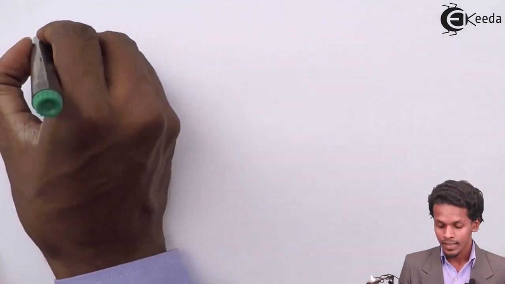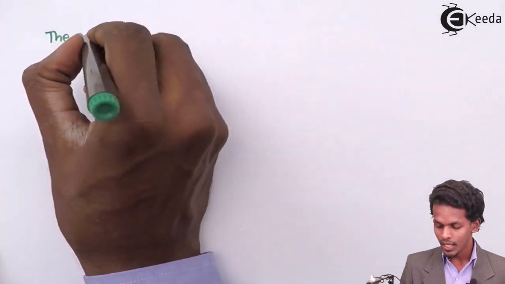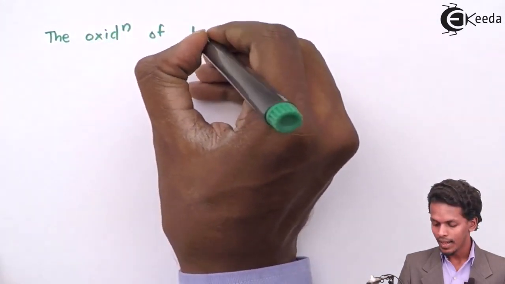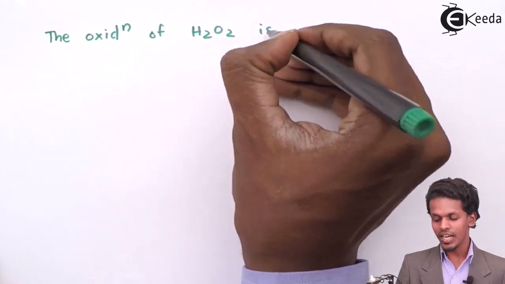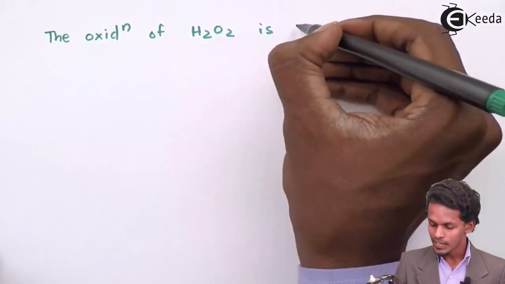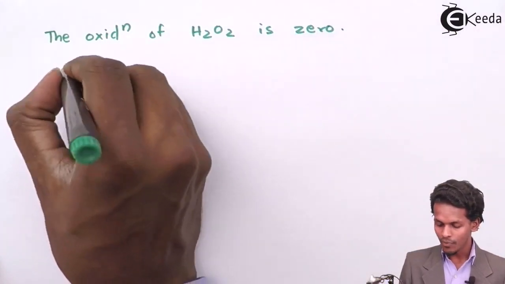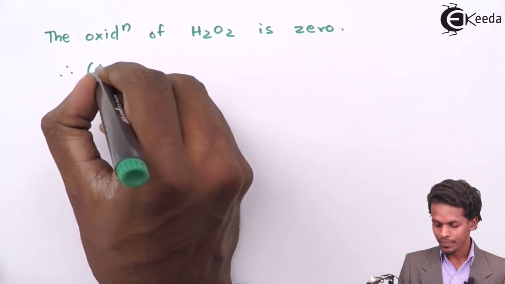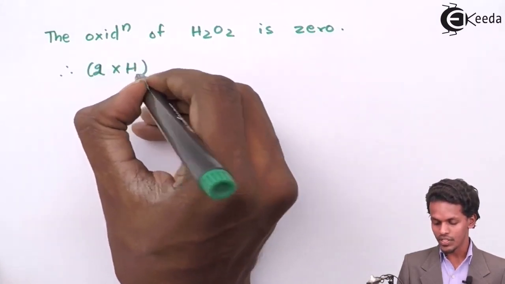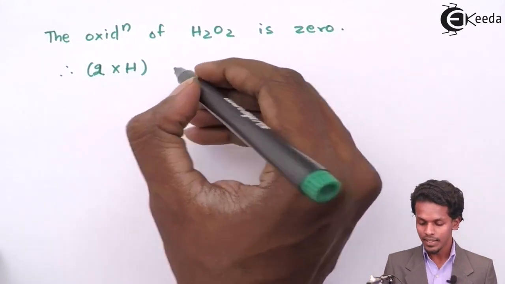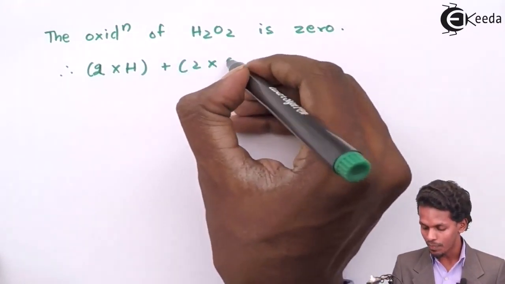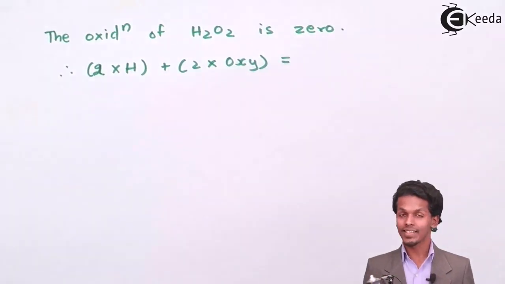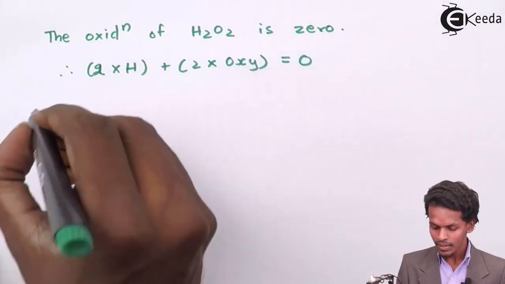The oxidation number, or the charge, of H2O2 is 0. Therefore 2 times the oxidation number of hydrogen plus 2 times that of oxygen will make an overall charge of 0.